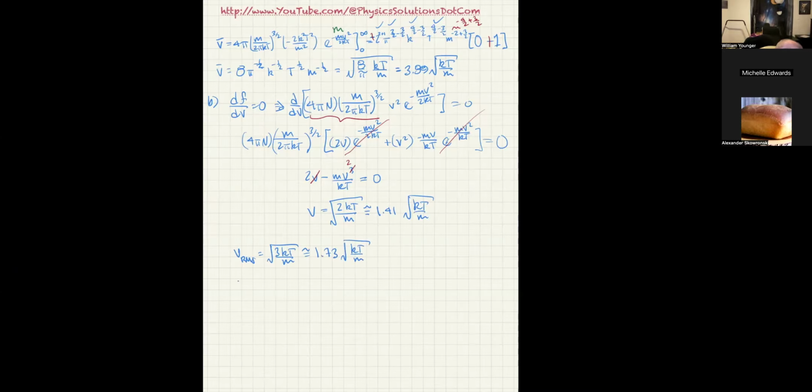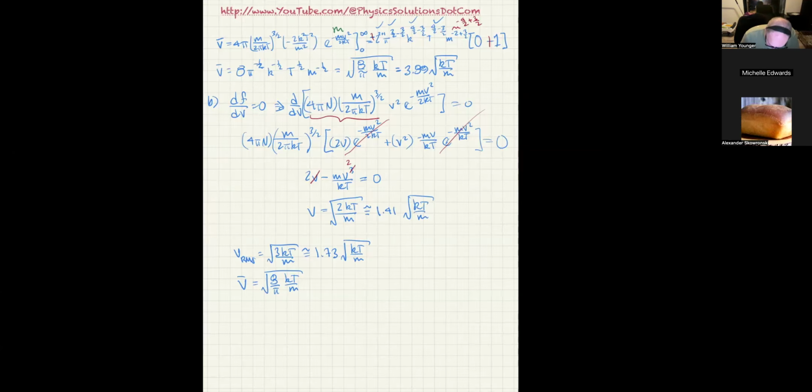We found v bar is equal to the square root of 8 over pi kt over m. Remember, I figured that out. I had left off the 2 to the negative 3 halves power, and that would actually fix it so that we end up getting 2 to the 3 halves power in the numerator, and the 3 halves means 2 cubed, which is 8, under a square root.